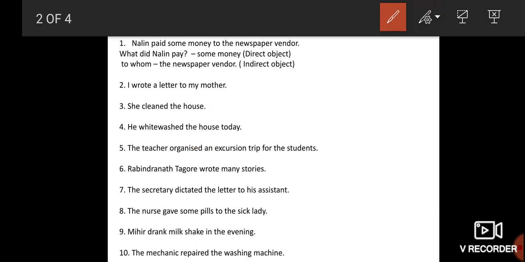Next sentence. The teacher organized an excursion trip for the students. You have to circle this because an excursion trip, this is direct object, and for the students this is indirect object, and organized, this is a transitive verb.